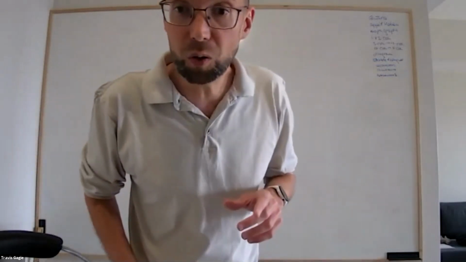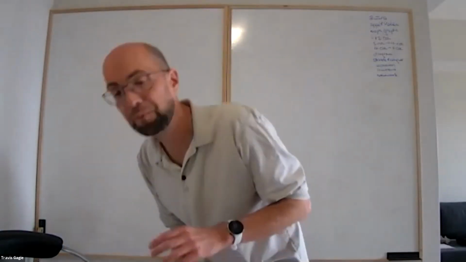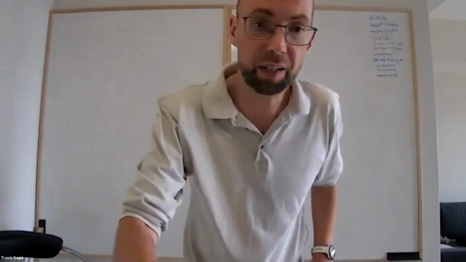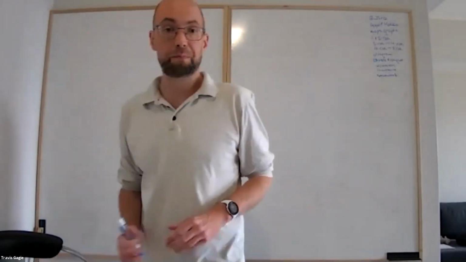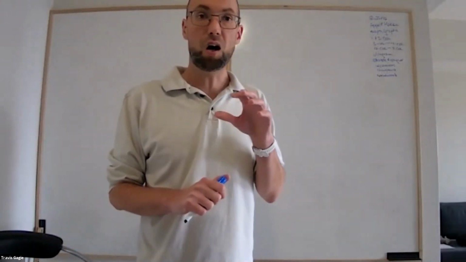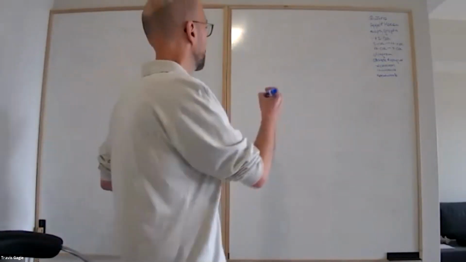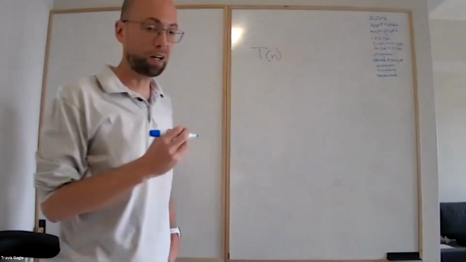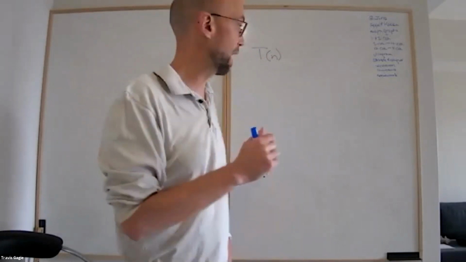I just want to go over the recurrence in the five remaining minutes. I told you that you can get a separator of size about 2 root n. Let's say we're trying to figure out the time it takes to count the 3-colorings of an n-vertex graph.